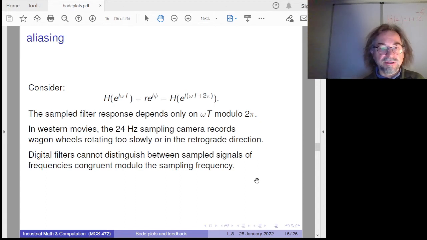That's because in a digital filter you cannot distinguish between the sampled signals of frequencies that are related to the sampling frequency. There is a technical term, congruent modulo the sampling frequency. This is a defect, and one often oversamples, and sometimes the analog to digital converters may already have something built in to make sure that you do not lose certain critical signals.